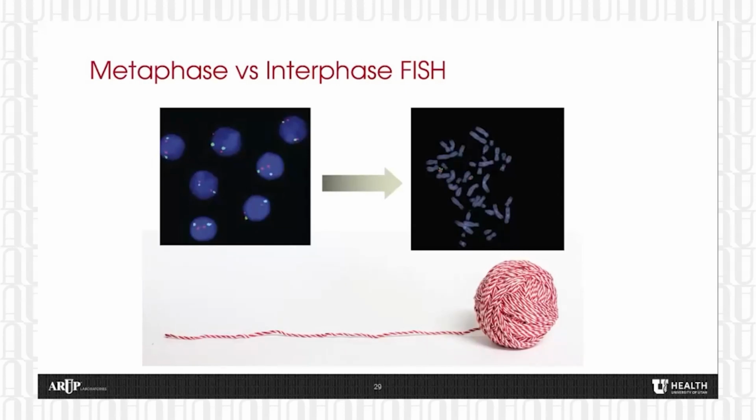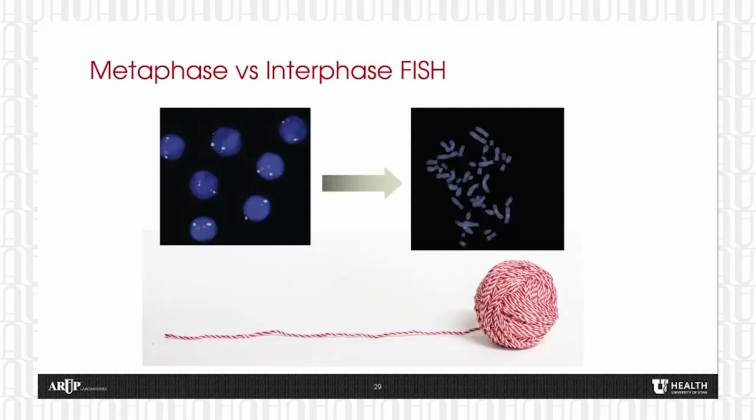FISH can be done on metaphase nuclei or on interphase. For metaphase FISH, you need cell preparation like you need for a karyotype, so you cannot perform metaphase FISH on fixed or archival tissue.